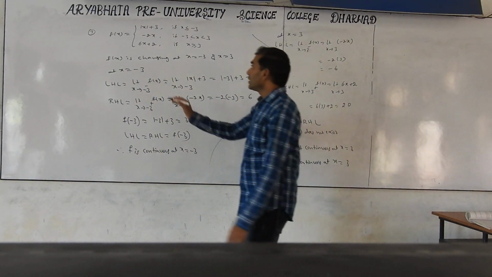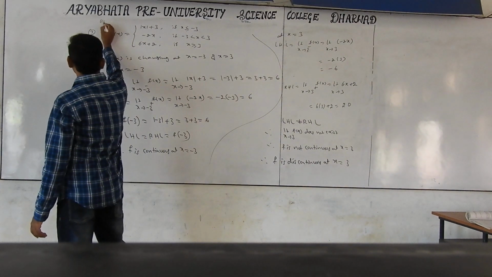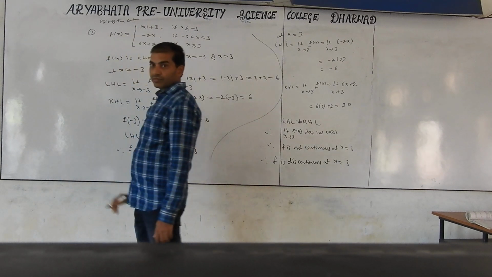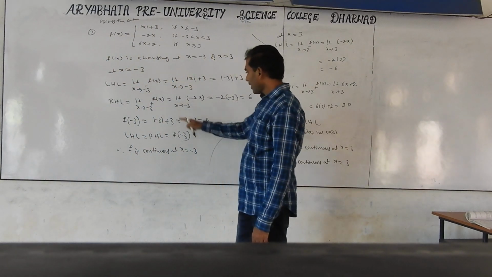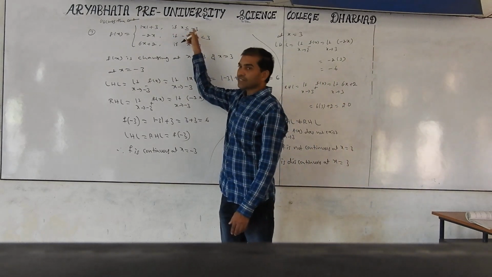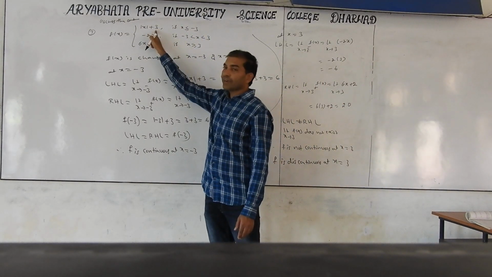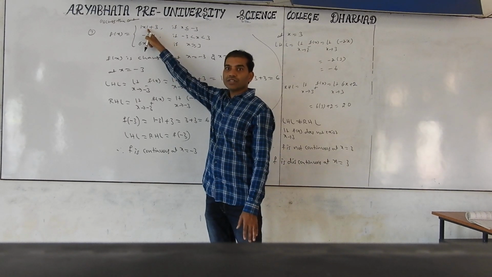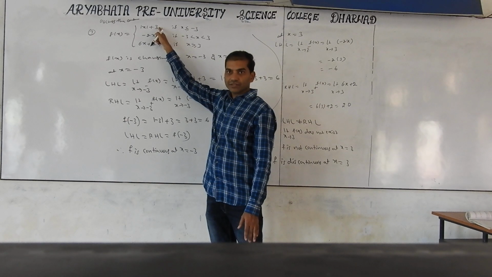Suppose the question is 'discuss the continuity'. Then how do we say it? Up to this point, okay. After this, you have to discuss below minus 3: mod x plus 3 is always continuous because mod x is continuous and plus 3, a constant, is continuous.